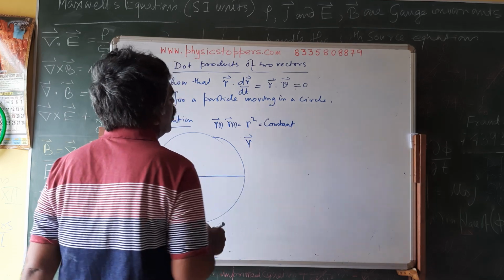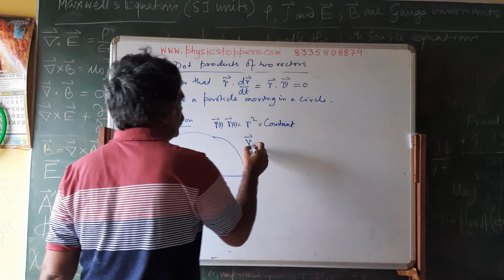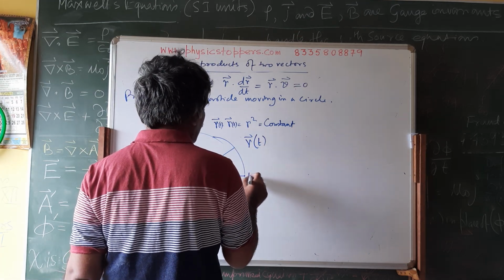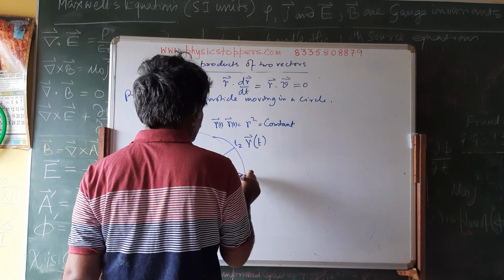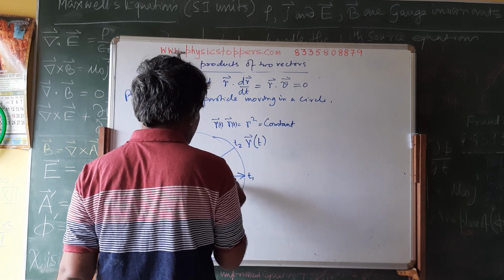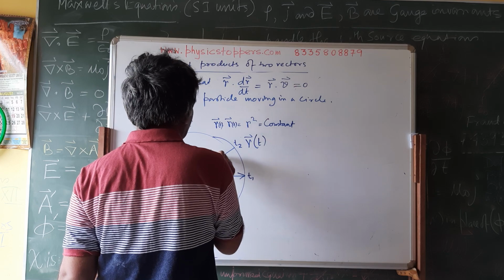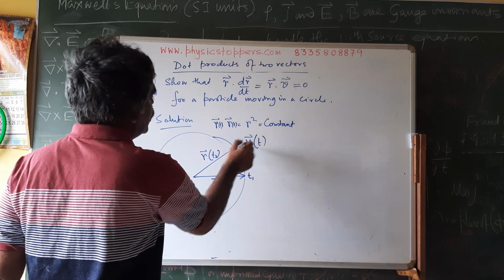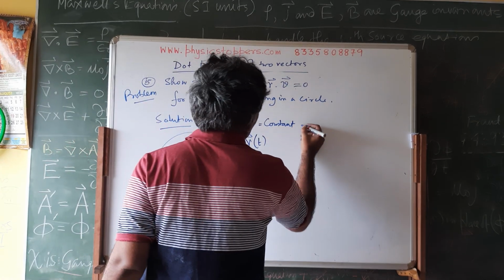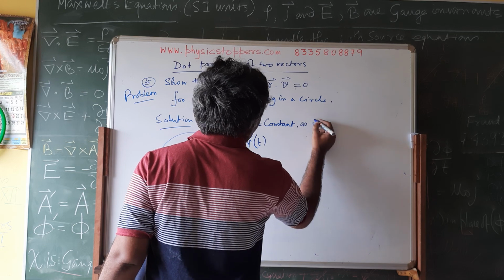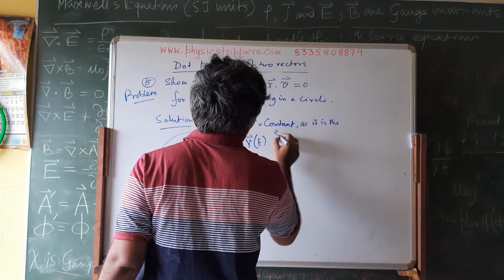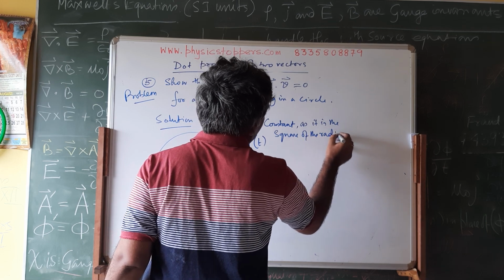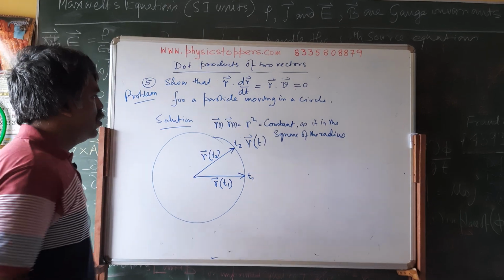If it is here at time t1, it is here at time t2. So this is r vector as a function of t1, this is r vector as a function of t2. So this changes, but the length remains the same. This is the square of the radius. Fine. So this is constant.